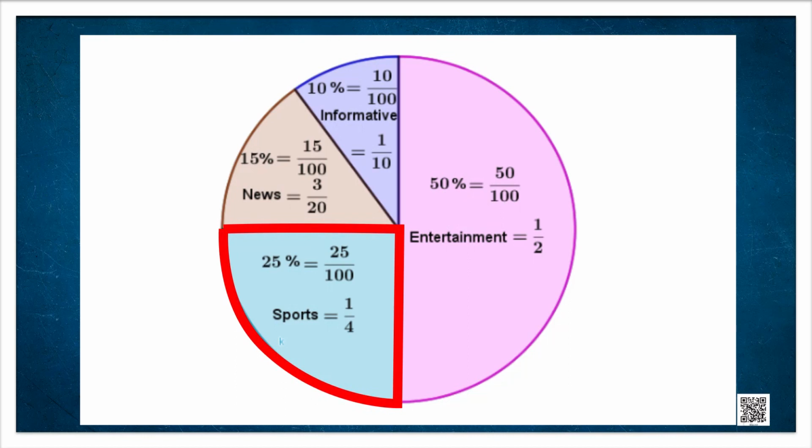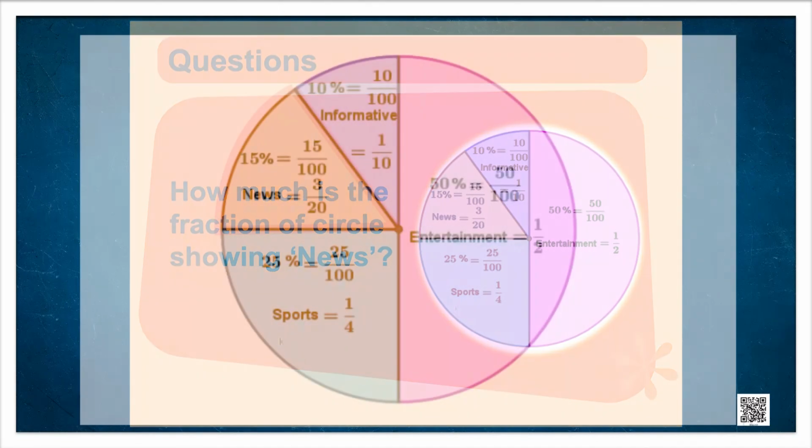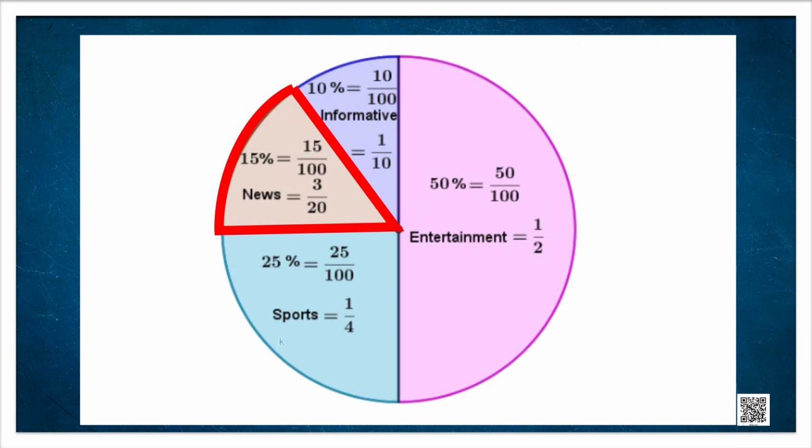It is 25%. That is 25 divided by 100. So, the fraction of circle is 1 by 4. How much is the fraction of circle showing news? It is showing 15%. So, we get 15 divided by 100 is equal to 3 by 20.